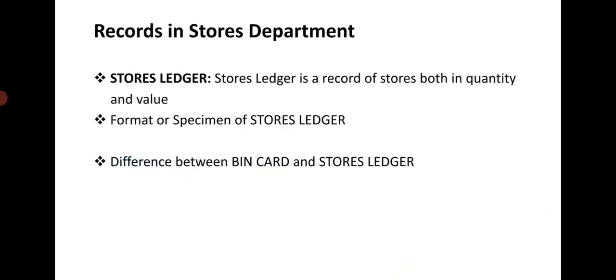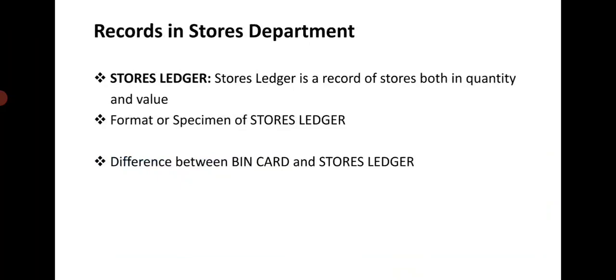But stores ledger tends to keep the records of every quantity received or issued or in stock, and also the financial expression of the same thing. Second difference is bin card is maintained by the store's in charge or storekeeper, but the stores ledger is maintained in the costing department of the entity.